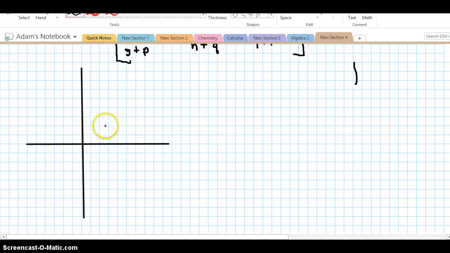I have a point at 1, -2. I'm sorry, yeah, -2, 1, I should say. And I have a point at 3, 4. So 1, 2, 3, 1, 2. It'll be my quadrilateral once I connect those points.